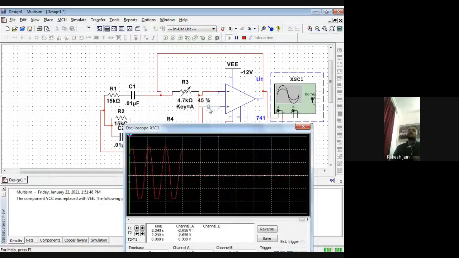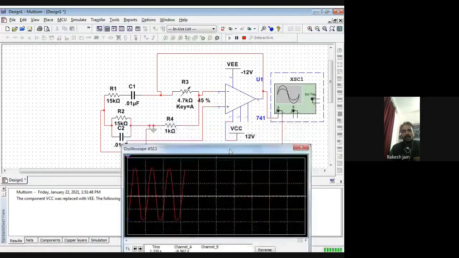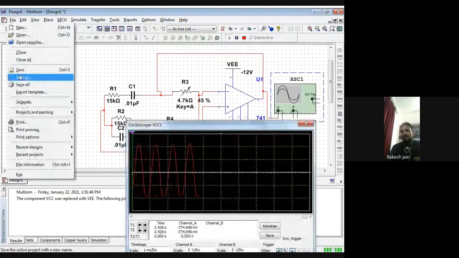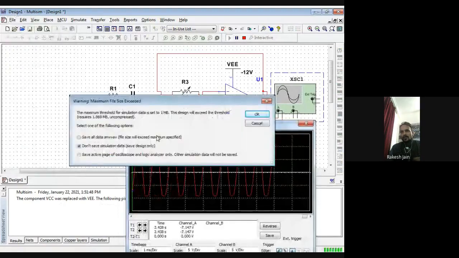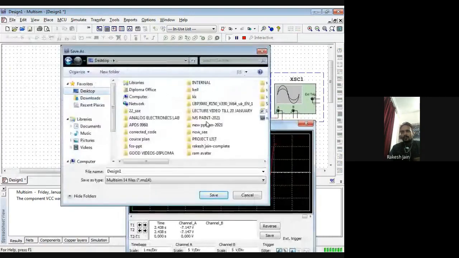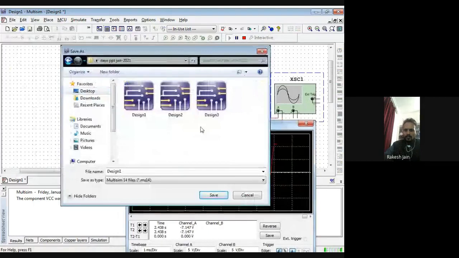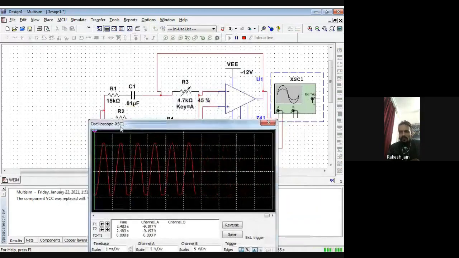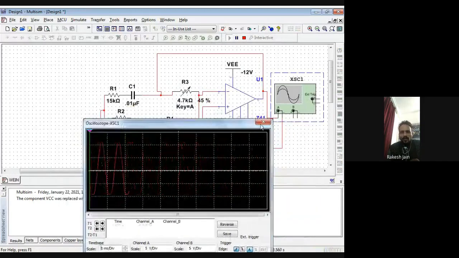Yes, so this is the output of this Wien bridge oscillator, and we perfectly did this practical. I am going to save this data first of all. Okay, so this is the output of this. We are going to change this variable potentiometer to a 2 kilo ohm resistance, then we can do this.